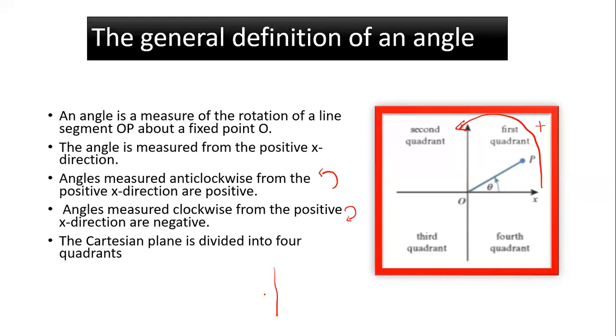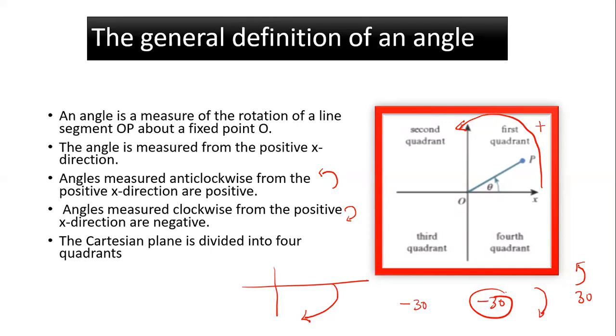So any angle that you measure taking this direction, the clockwise, will always be negative. So you put negative 30. So the moment you find yourself getting negative 30, it means that this angle was measured going in the clockwise direction. You find a positive 30, it means that it was measured going in the anti-clockwise direction.